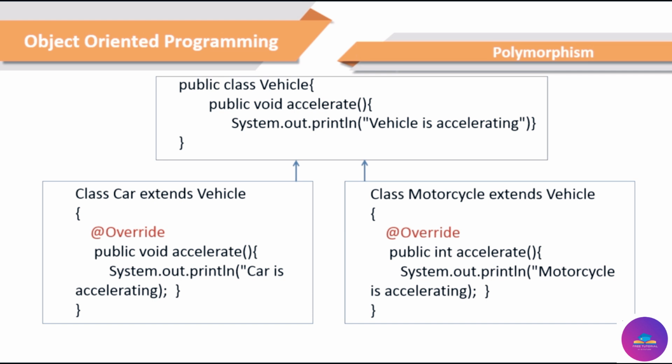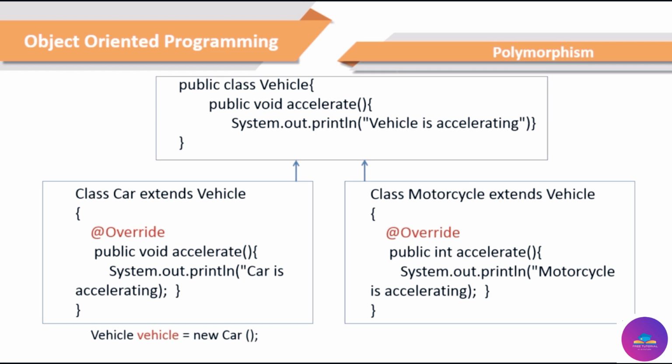So let's say we want to create two objects, vehicle equals new car. Now that's a statement that works because car is a subclass of vehicle. Okay? So here the reference variable vehicle, declared of type vehicle, is pointing to an object of the car class.